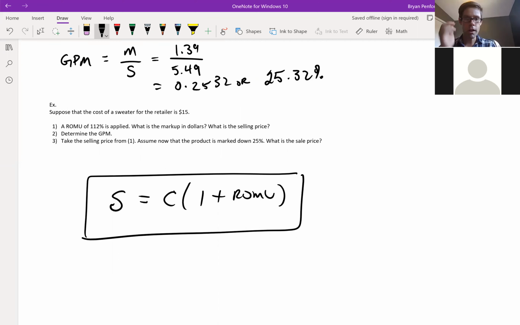If I take the cost price, in the last example it was $4.10, and we take our rate of markup, which is 0.339, it should hopefully get us really close to what the actual selling price is, which is $5.49.